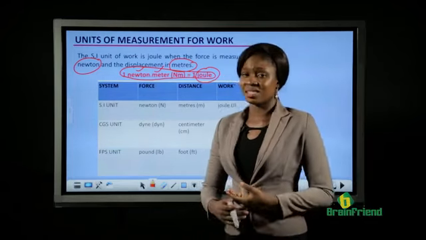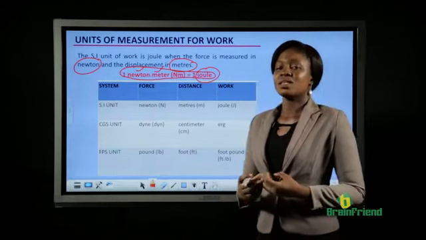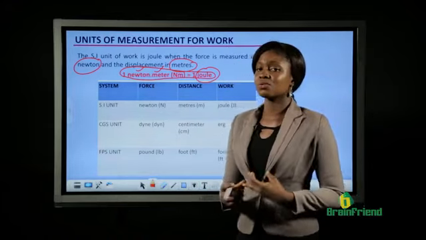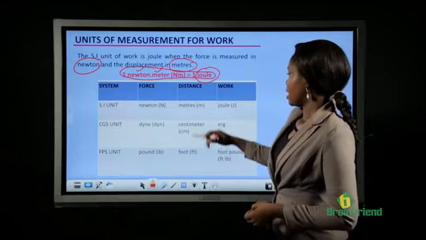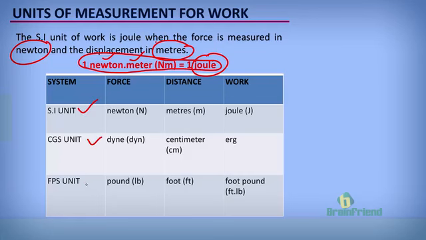And remember, there are various systems of units. We have the CGS system, which is the centimeter, gram, second unit, and we have the foot, pound, second units. These are the various systems of units, the CGS, the FPS, and the SI units. In force, we also have different units for these various systems. We have the Newton, we have the dyne, we have the pound.